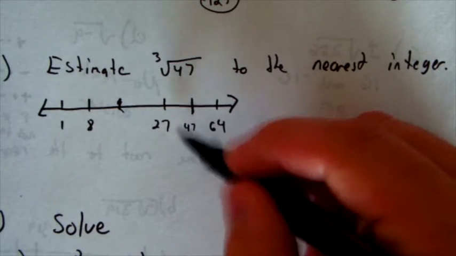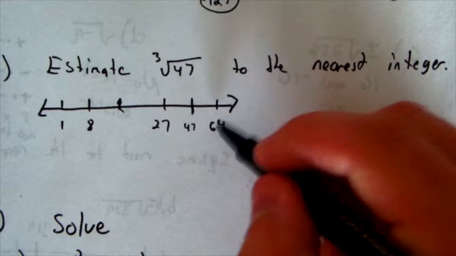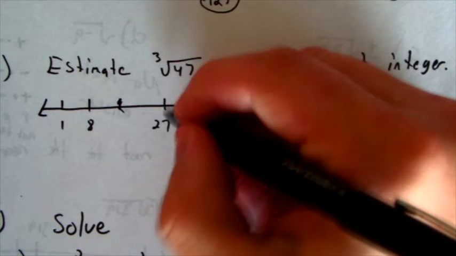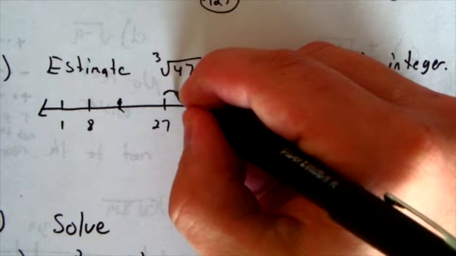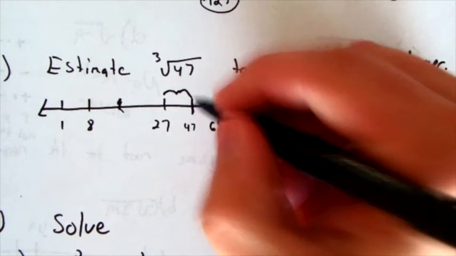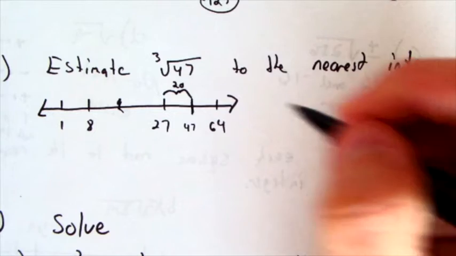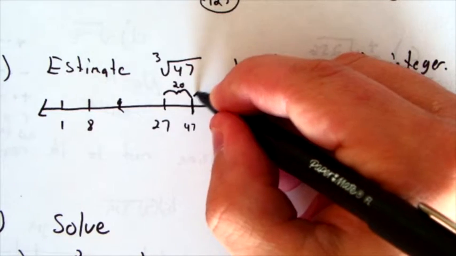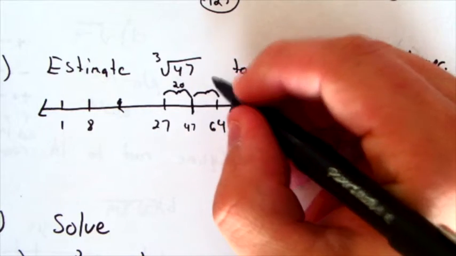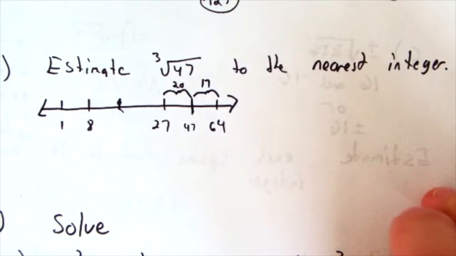Well, let's figure out which one 47 is closer to, 27 or 64. The distance between 47 and 27 is 20. The distance between 47 and 64 is 17.